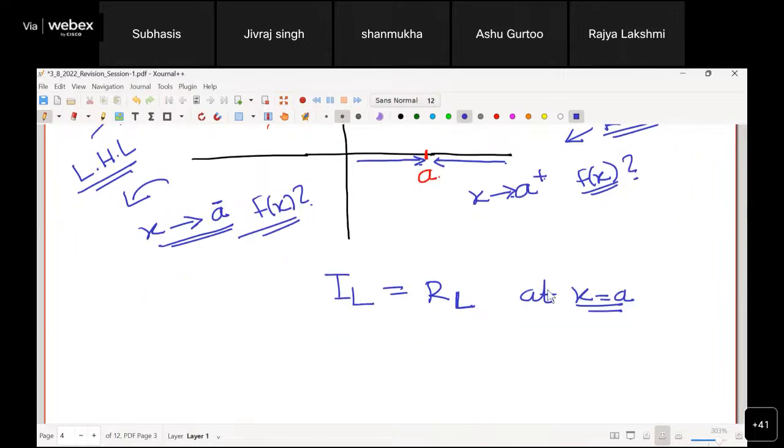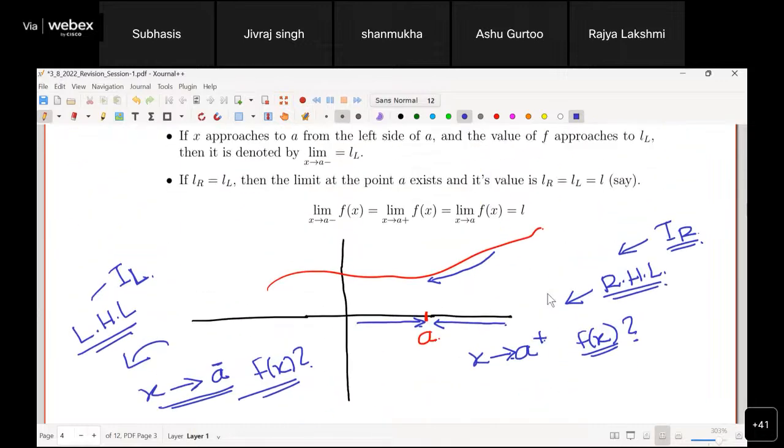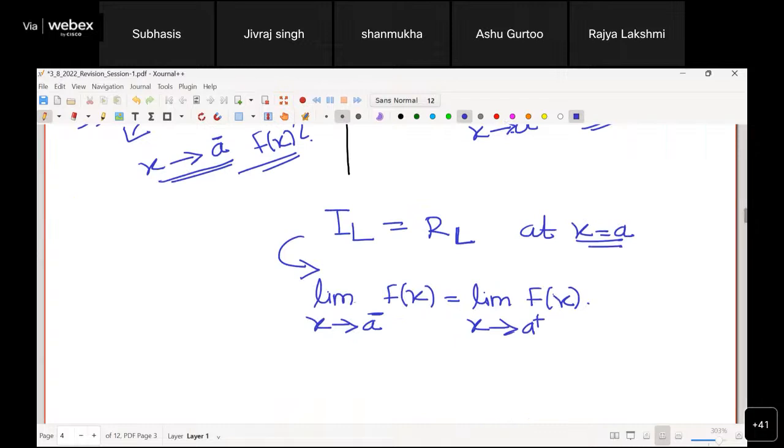The limit as x tends to A minus, which is what we use for the left hand limit, of f of x, this is just a notation, is the same as the right hand limit. Then we say that the limit of this function at A exists. When these are two different things, then we say that the limit doesn't exist at that point. That is how we define the limit.